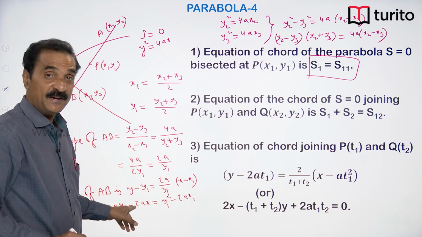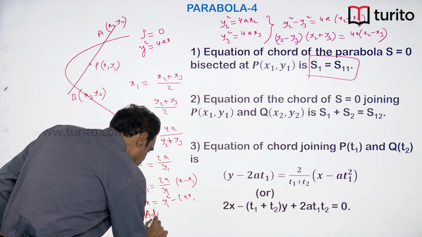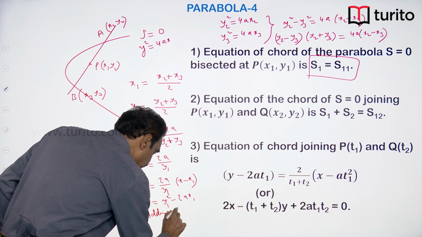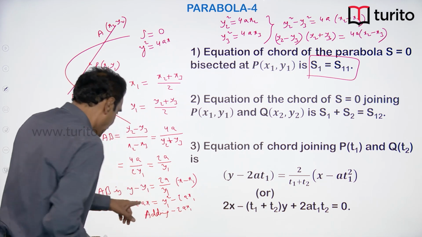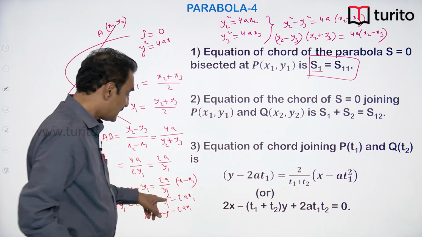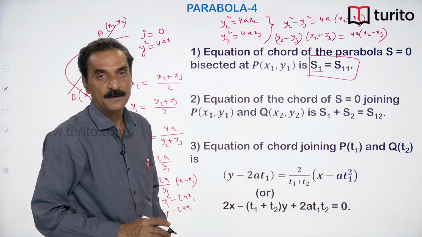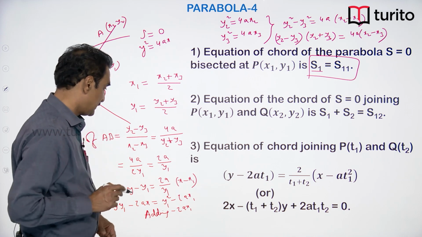Adding 2ax - 2ax1 on both sides, the LHS becomes S1, the RHS becomes S11. That is how we get the formula. So, it is proved.